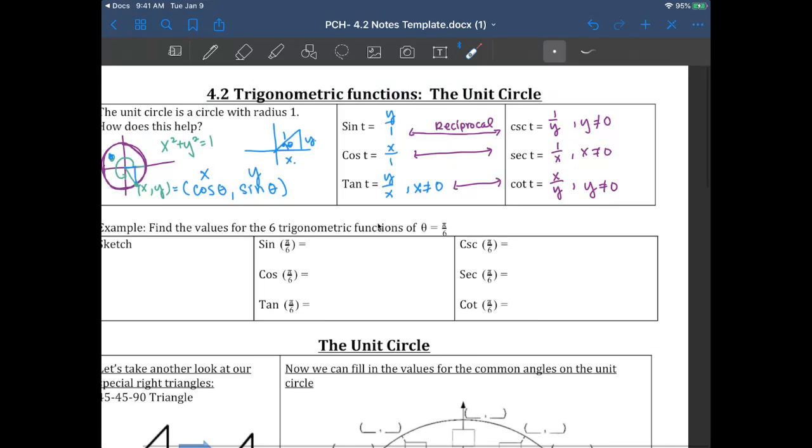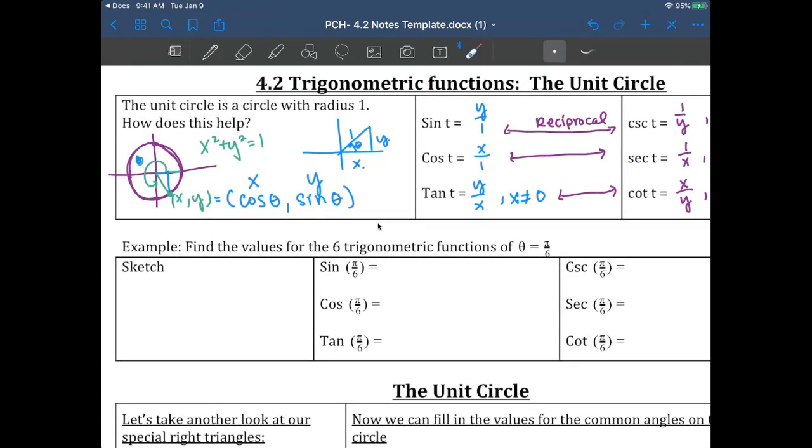All right, we're going to sketch the graph of pi over 6. Okay, so pi over 6 is closest to the x-axis. It is technically 30 degrees. So I'm going to put my theta in here as pi over 6.